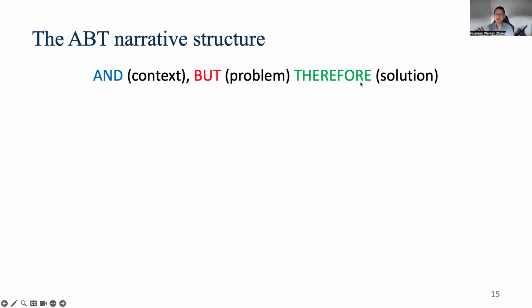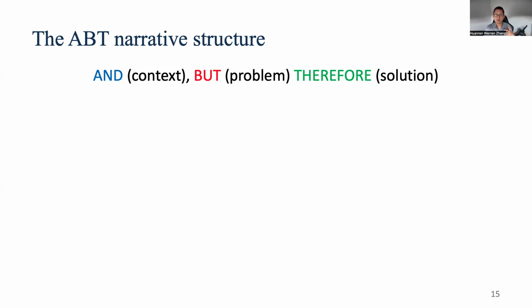The persuasive message should start with the so-called 'and,' which presents the context that the audience could agree with. After presenting the context, you are ready to present the problem. As we said, the problem would excite the mind and build interest, right?